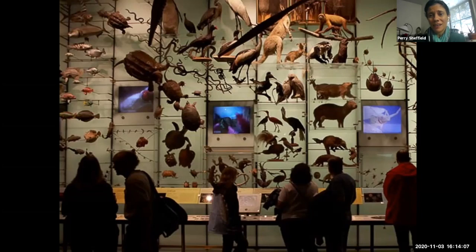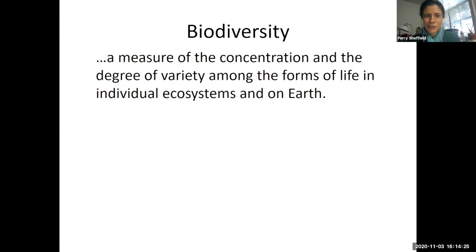So this is one tiny cross section of macro fauna, things that we can see, but not even including the other life forms. And all of those are important when we talk about biodiversity. So the actual definition is: biodiversity is a measure of the concentration and the degree of variety among the forms of life in individual ecosystems and on Earth.